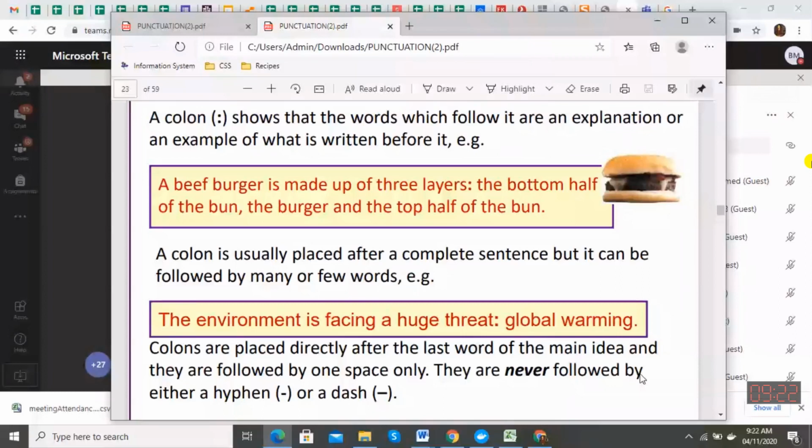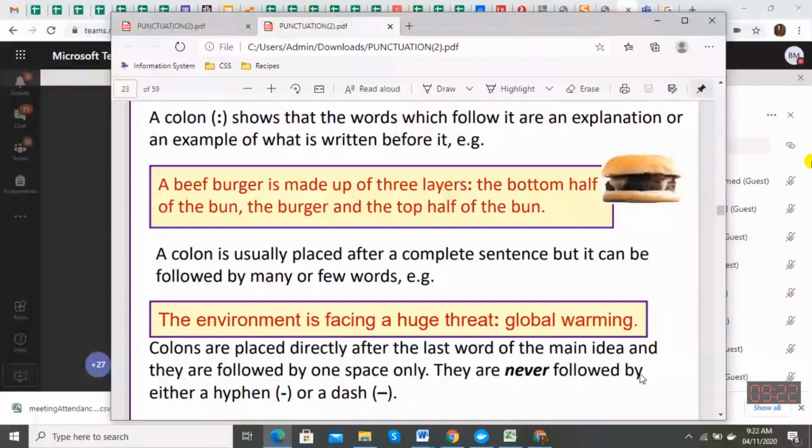So the next thing is the colon is usually placed after a complete sentence, but it can be followed by many or few words. For instance, the environment is facing a huge threat: global warming. So यहाँ तक threat तक this is a complete clause. और उसके बाद I want to make it more clear कि क्या threat है, that is global warming.